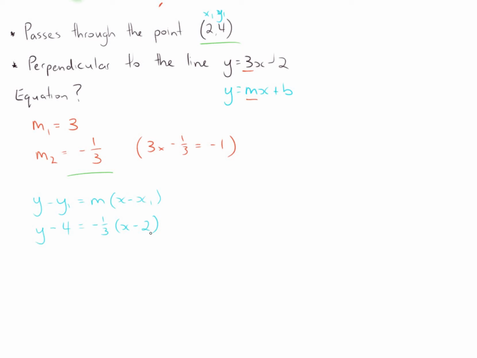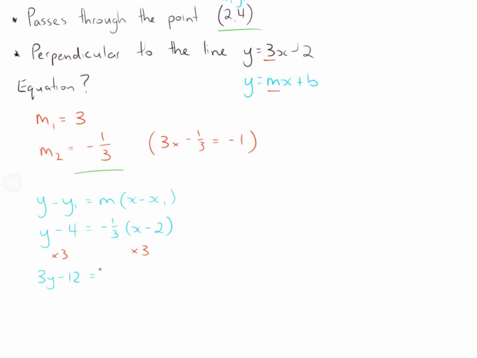Now if we want to put this into general form, remember that we don't want any fractions, so we're going to multiply both sides by the denominator of our fraction, which is 3. On the left hand side we'll get 3y minus 12, and on the right hand side the 3's cancel out to leave us with minus 1 lot of (x minus 2).